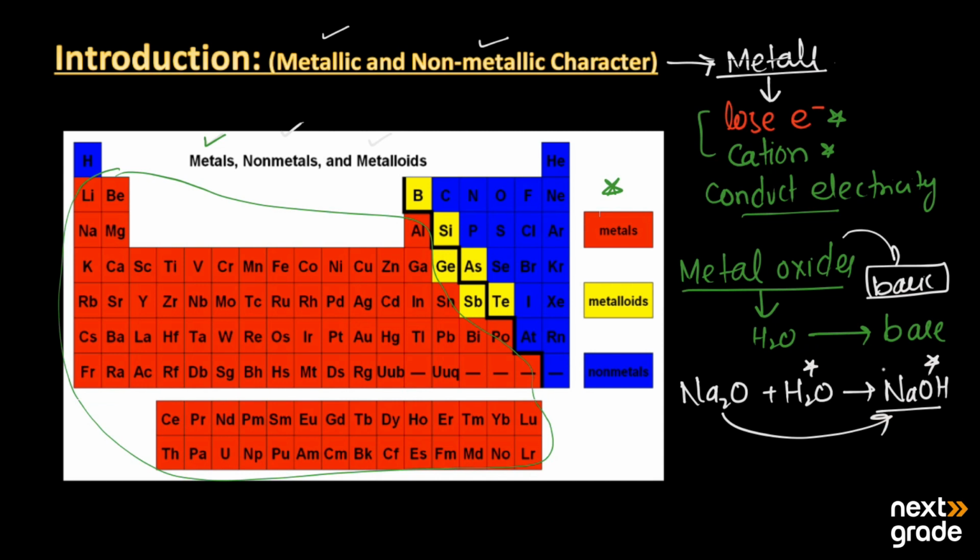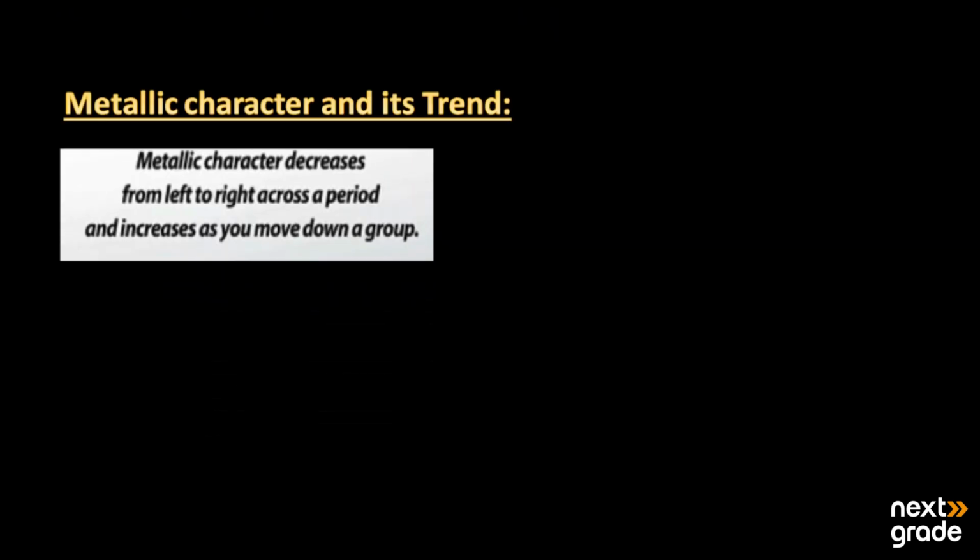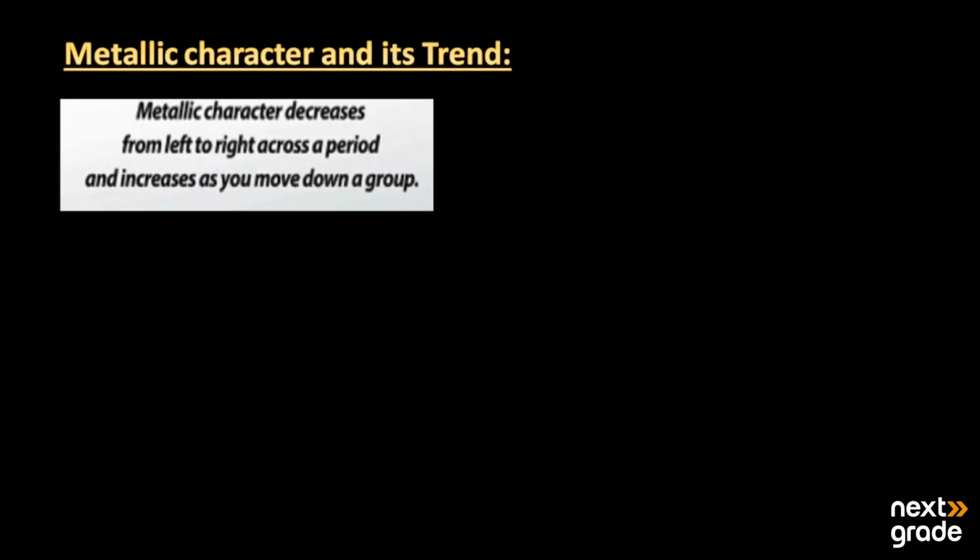As the size of an atom increases, it is also easier to remove an electron from the atom. Then we have the trend of metallic character in the periodic table.